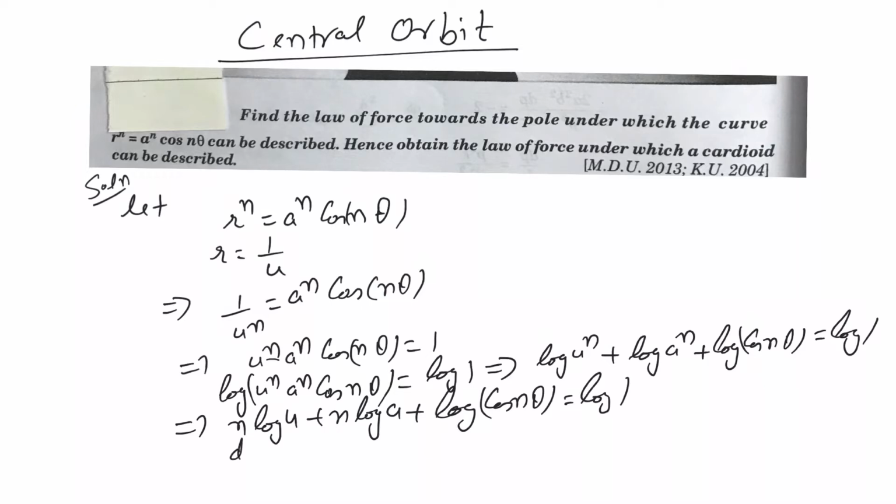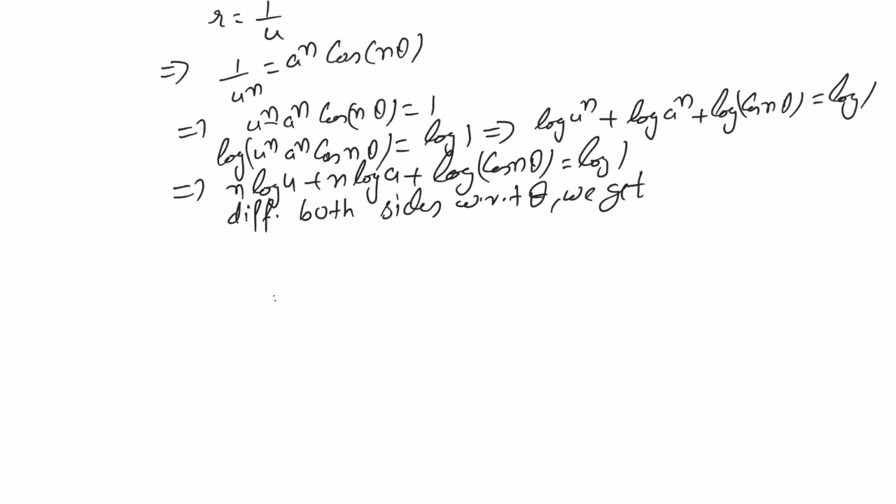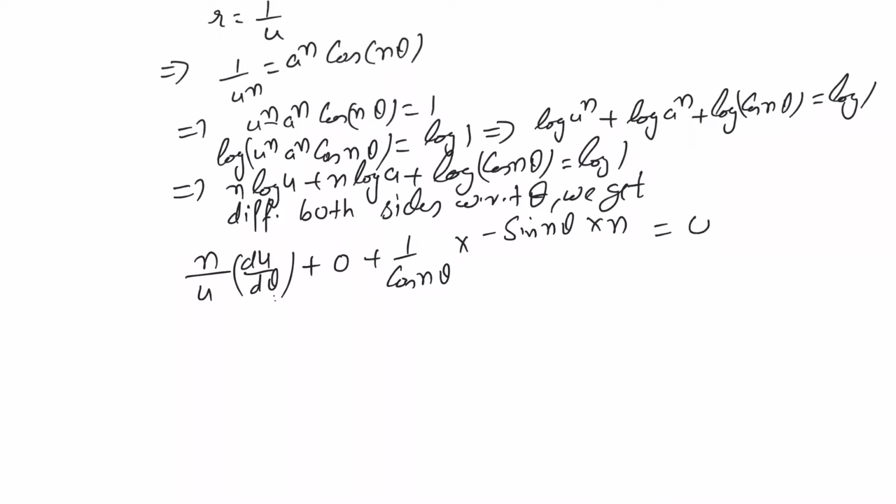Now differentiating both sides with respect to θ, we get (n/u) du/dθ + 0, because a is a constant quantity, + (1/cos nθ) into (−sin nθ) into n = 0.